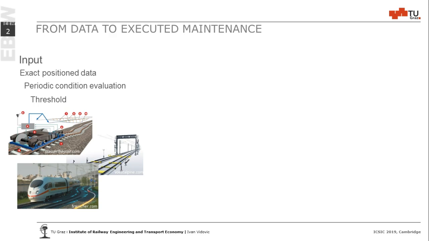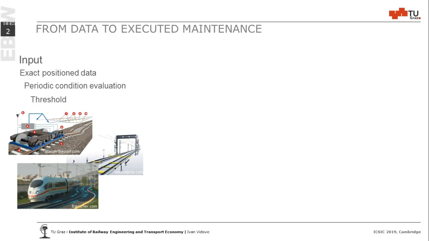First of all, the load, the traffic volume. High traffic volume means high wear and tear, faster deterioration of the components, such as ballast, sleepers, rails, and so on and so forth. And second, the maintenance strategy. If you do a predictive maintenance strategy, a preventive maintenance strategy, or a reactive one.